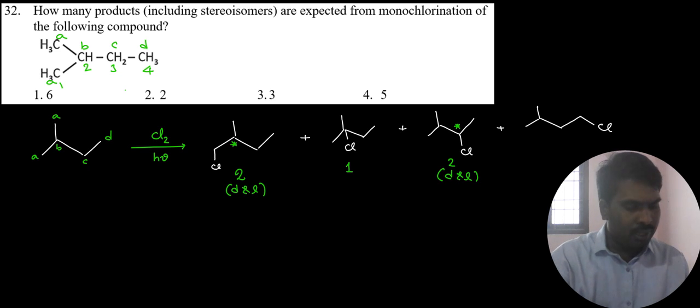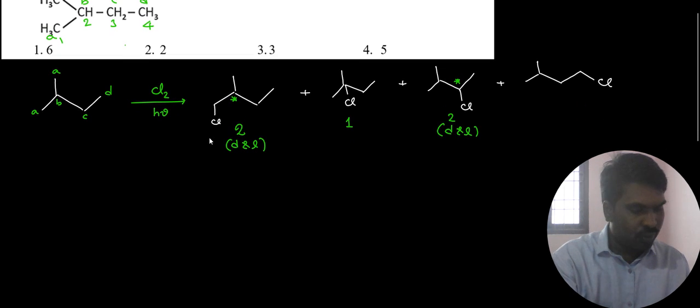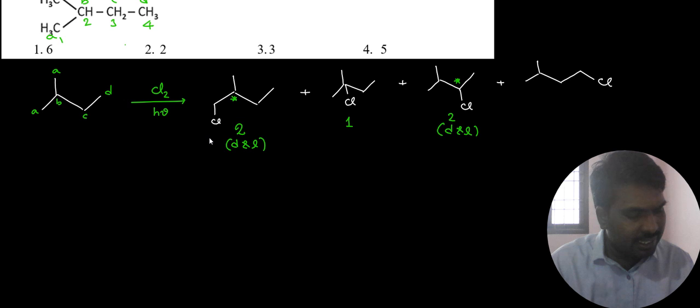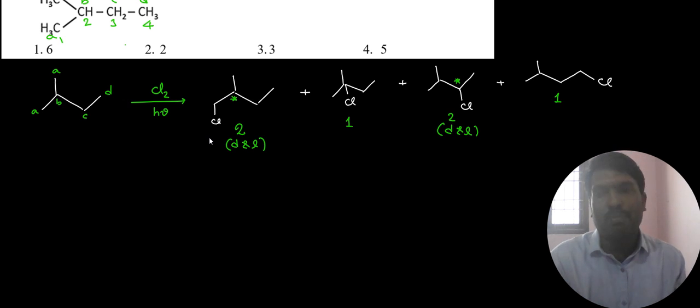Clear? Now the fourth one. Is any chiral center there? No chiral center. All are achiral carbons. So only one stereoisomer exists, because there is no chiral center.